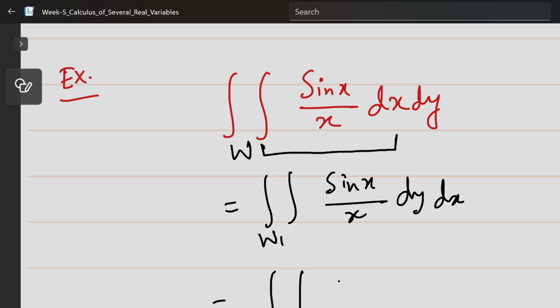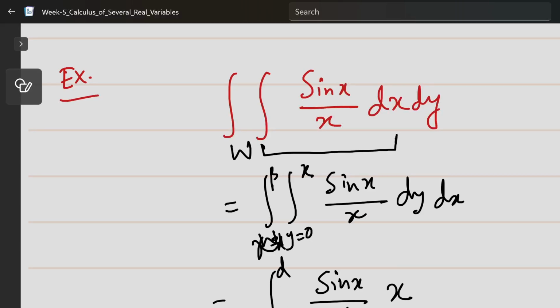Now, if you integrate with respect to y, you will get sine x by x into the integral of dy, which is y, but suppose y varies from 0 to x, and x is from some alpha to beta, some c to d, it will change w to w star.